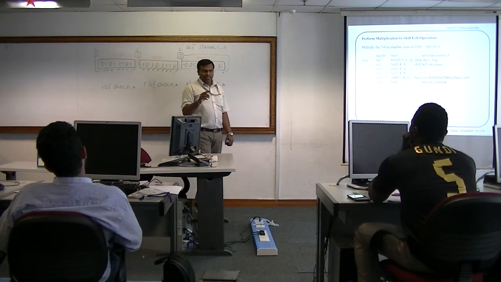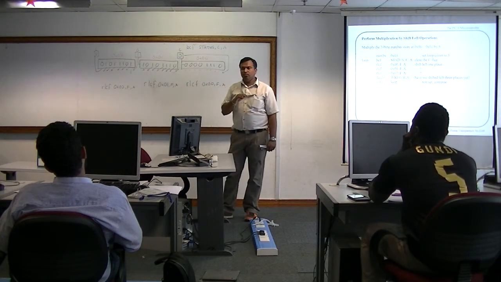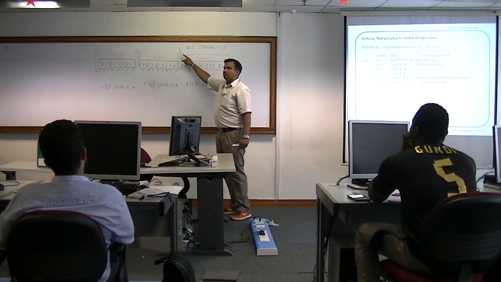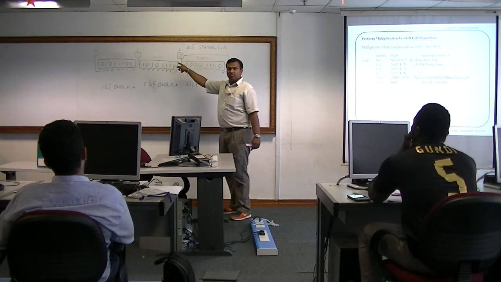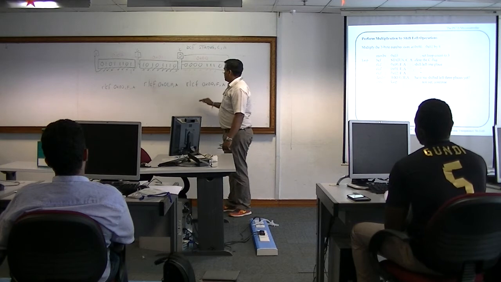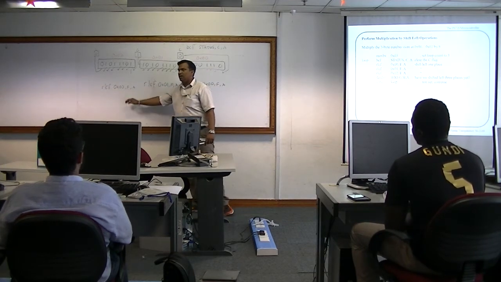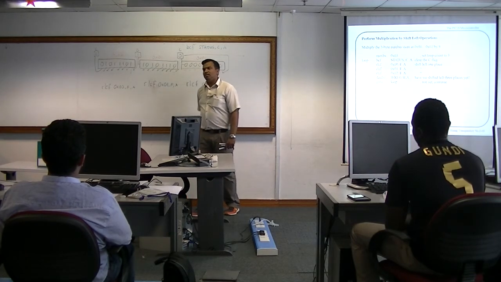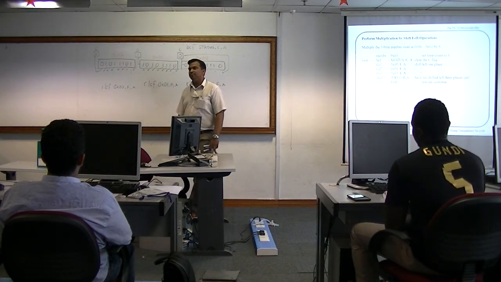So every time you perform the multiplication, in the beginning this one should always be initialized to 0. So this is one round: rotate left, rotate left, rotate left. How many times have you multiplied now?